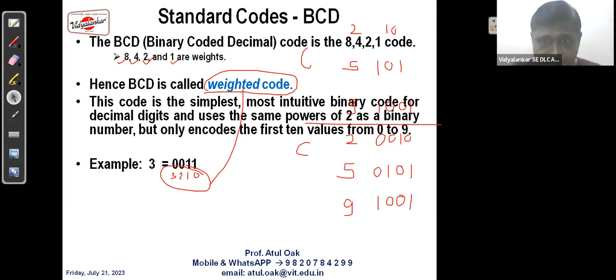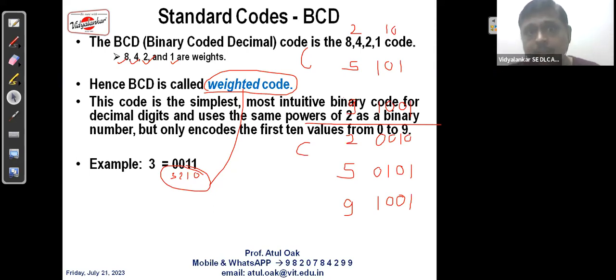And in decimal, there are a total of 10 digits, 0 to 9. So using BCD, you can represent numbers from 0 to 9. So total 10 digits you can represent using BCD. Why? Because it is only for the decimal number system. How many bits will you require? 4 bits. That is correct.